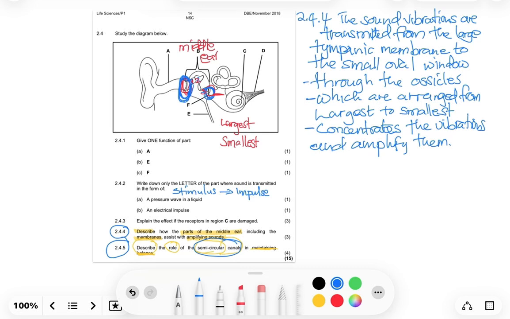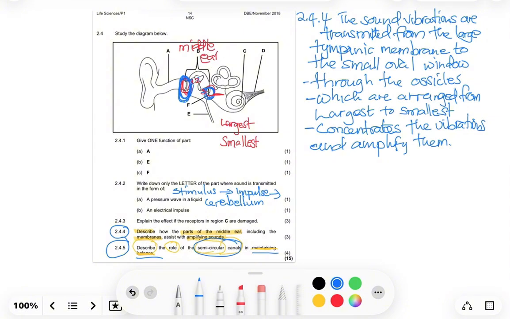This impulse is then transmitted to the cerebellum. It's not the cerebrum, it's the cerebellum. We're talking about maintenance of balance, so it is the cerebellum.